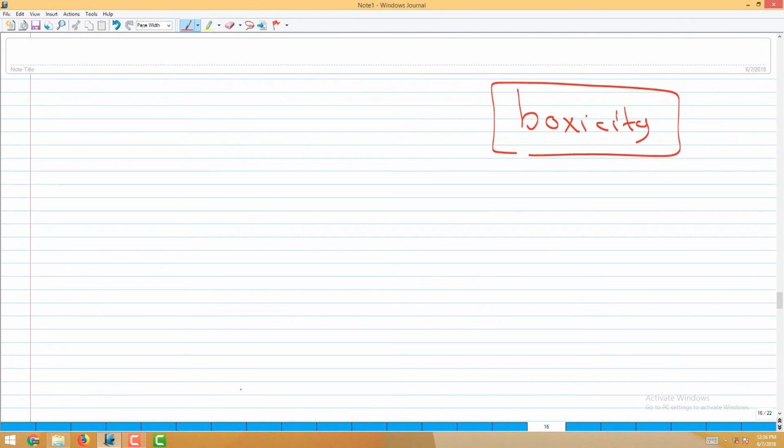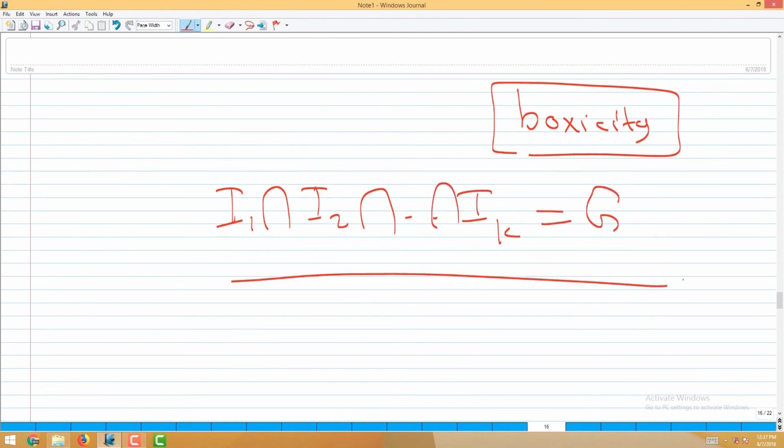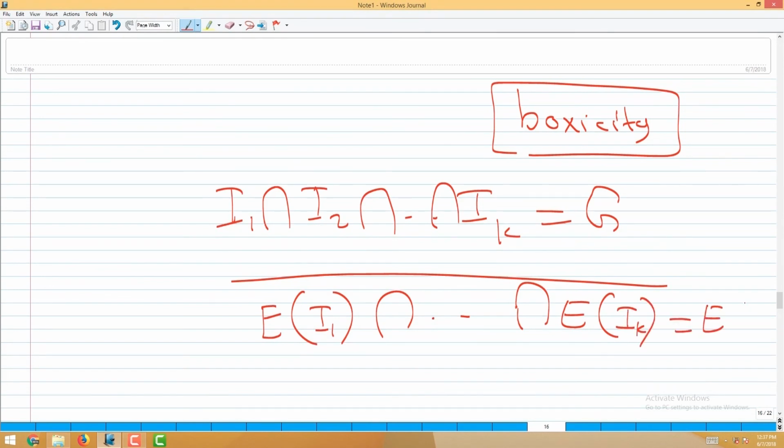It is essentially the minimum number of interval graphs I1, I2, say Ik, such that the intersection is equal to G. When I say intersection equal to G, the vertex set is assumed to be the same everywhere, but we are taking the intersection on the edge set. Actually, we should write E of I1 intersection E of I2 and so on up to E of Ik is equal to E of G, right. So, if you get something like that, then that minimum k is the thing.